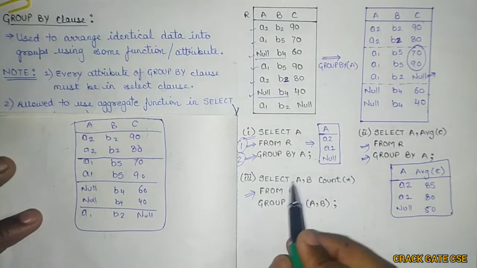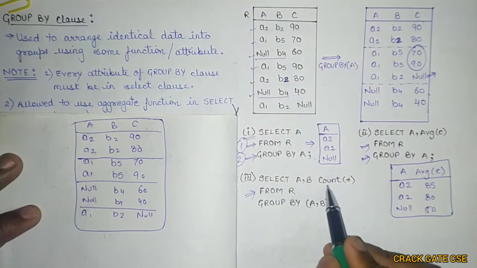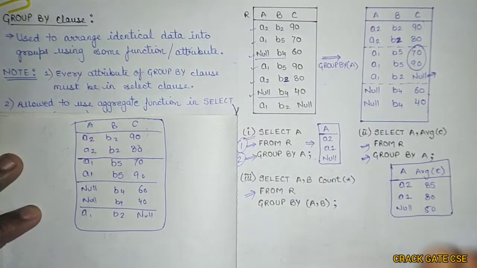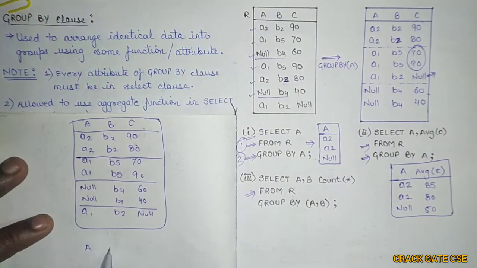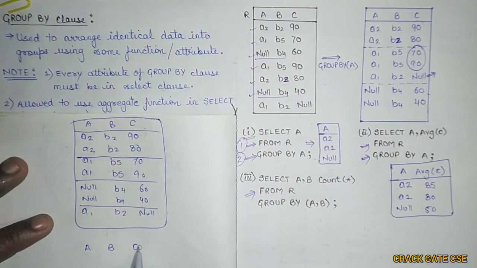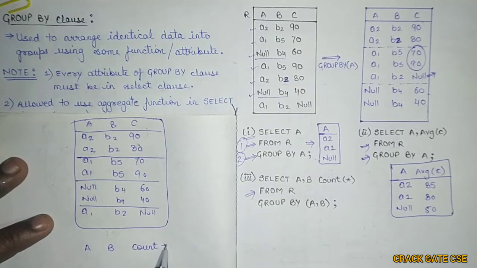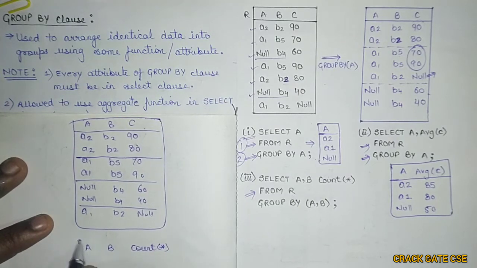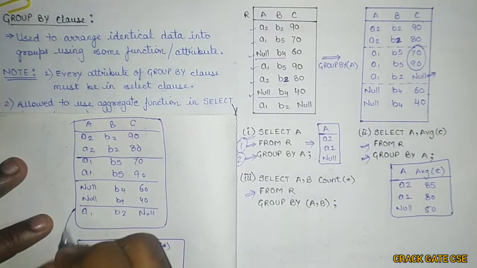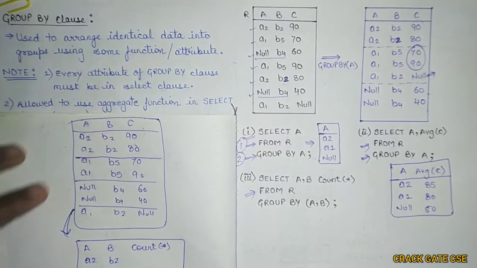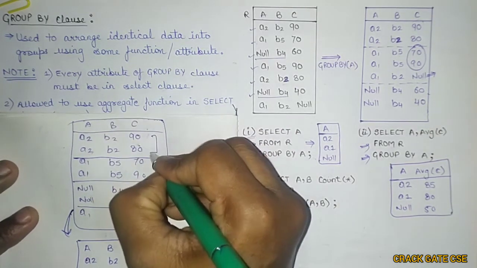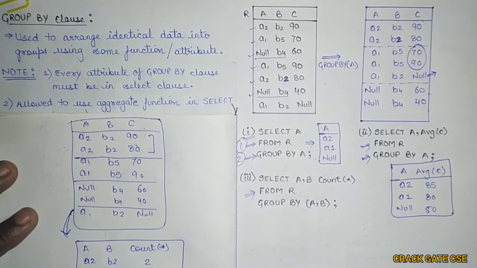Now we have to select the A, B and the count of rows in that particular group. So select A, B, and here I am having the count. So what will be the output of this query? From this particular table, you can see that I am having A2 B2 as one group, and how many rows? See, 2 rows. So you can write 2 over here.